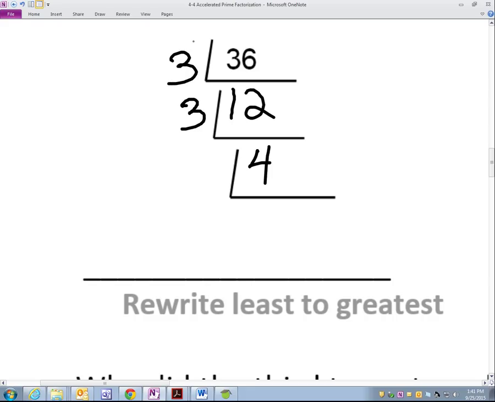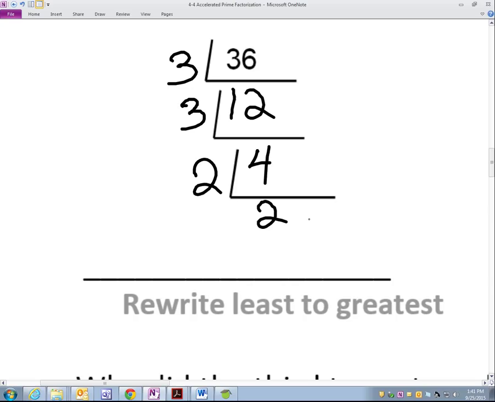Then we have a factor of 4, which would be 2, and then that would just leave 2 down here. I'm done when I have a prime number down here.